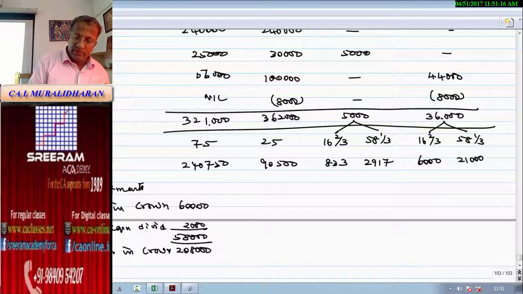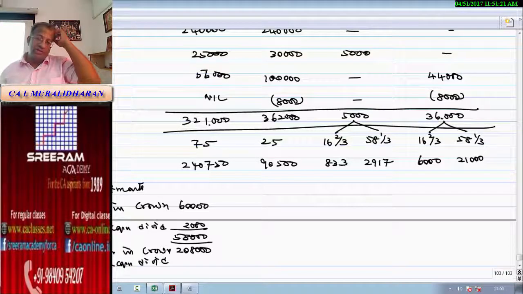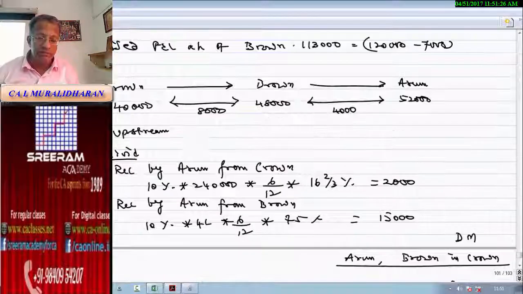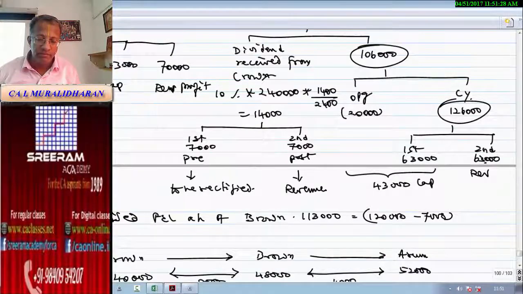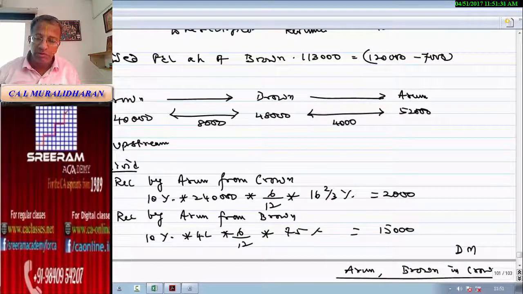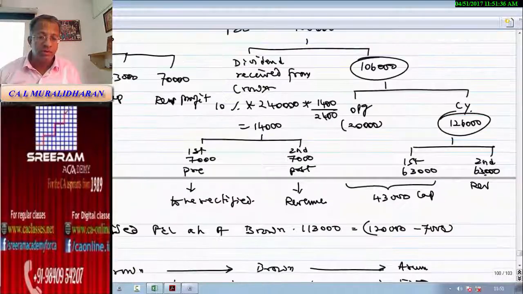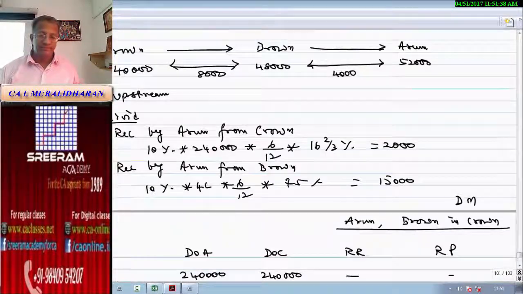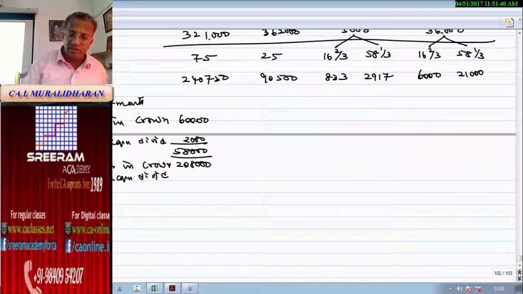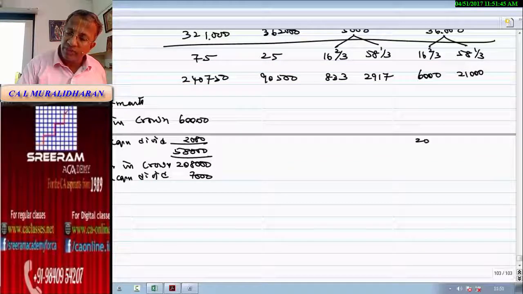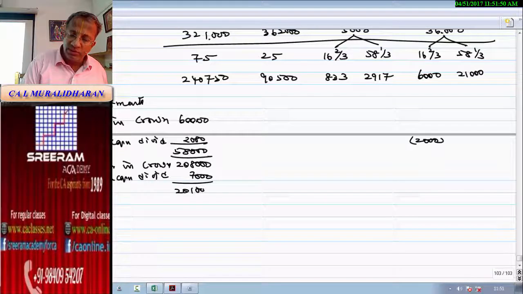No. This is Brown in Crown. 7,000, which we have already done at the initial stage. So please understand, this 2,000 I will deduct from here: 2 lakh and 1,000.